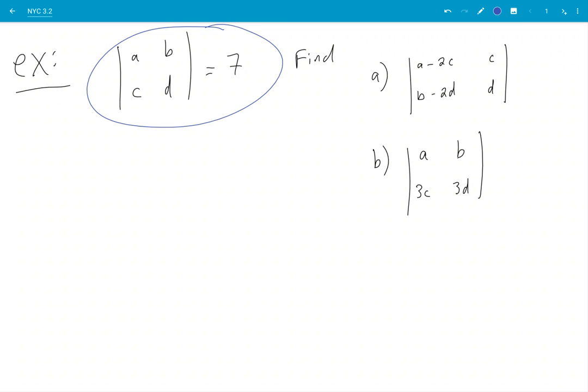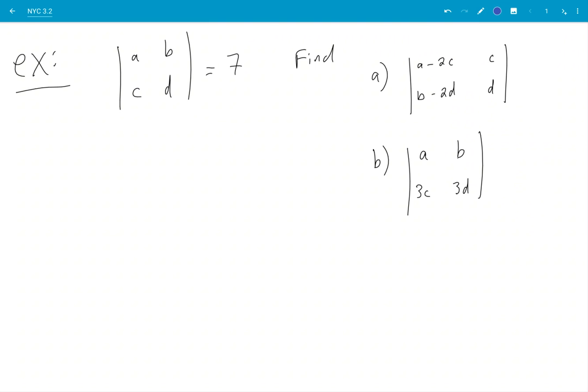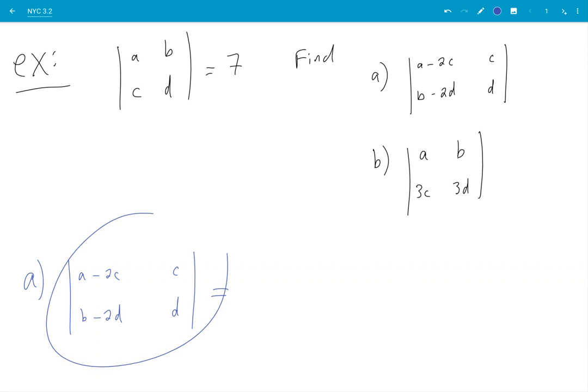this information here. So I'm going to do row operations here until I get here. And that will be my approach. So how can I get from here to here?